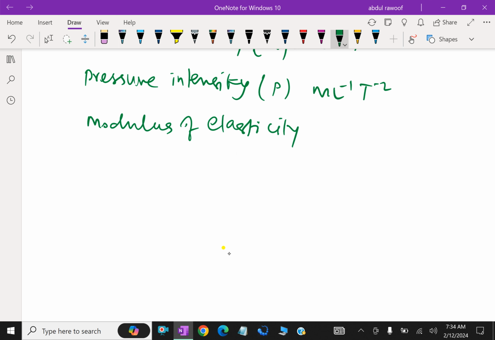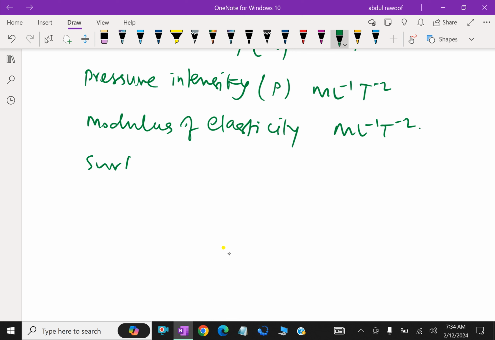Modulus of elasticity is M L power minus 1 T power minus 2.